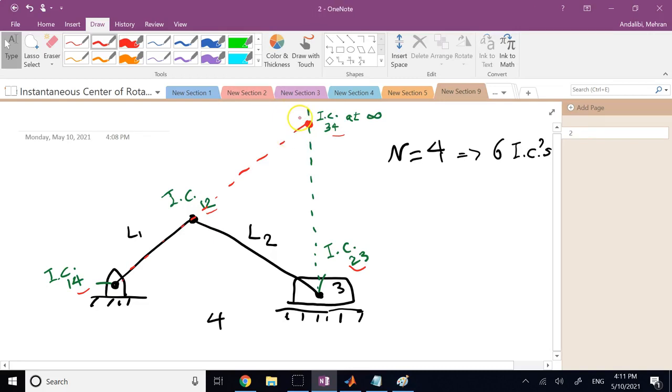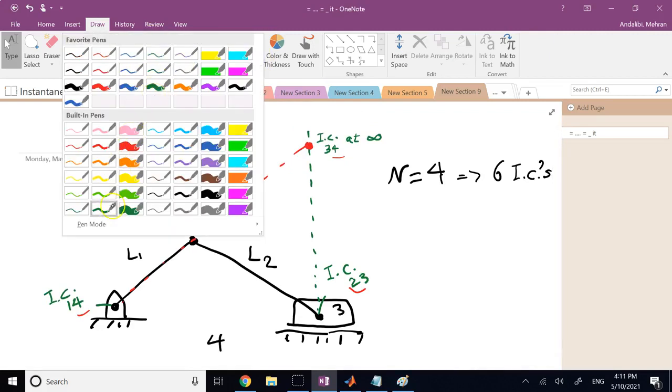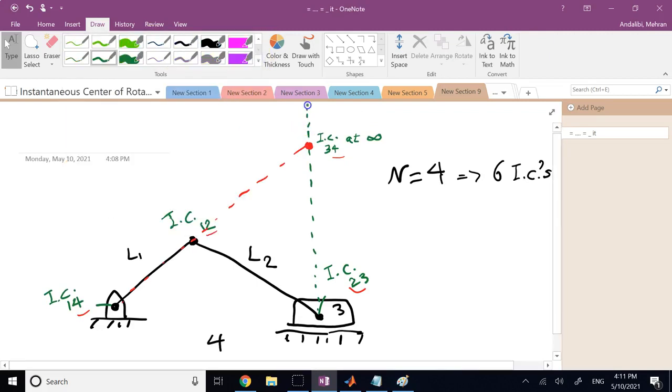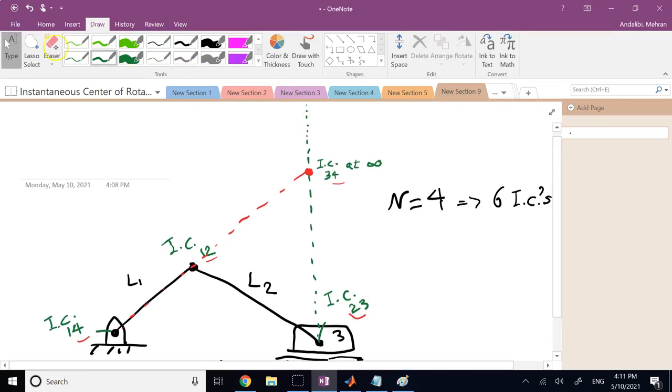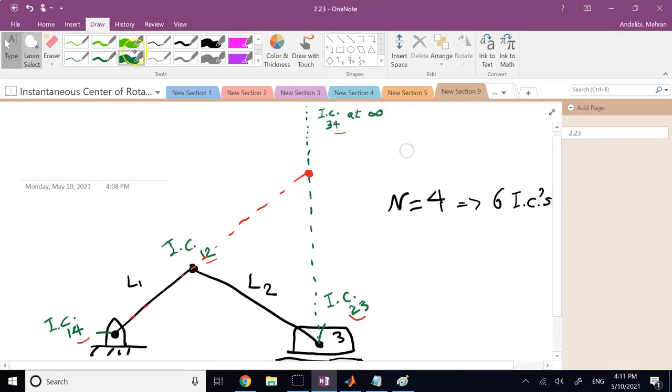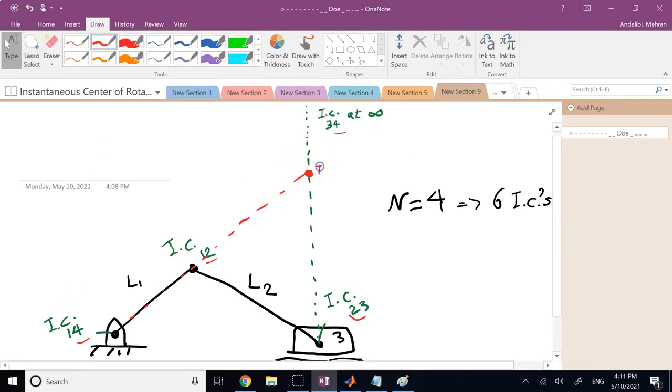Okay, let me get some distance here. And move this guy up. So this point here is IC of 2 with respect to 4.